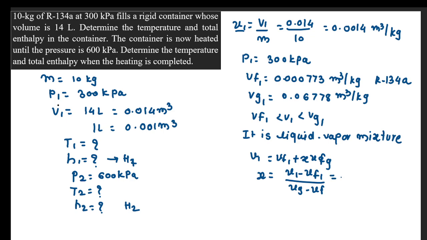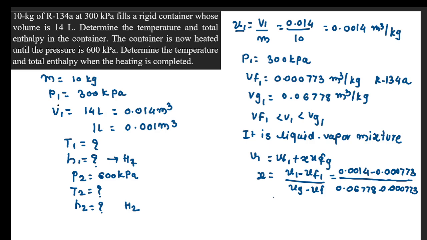V1 we already have as 0.0014 minus Vf1, 0.000773, divided by Vg, 0.06778 minus 0.000773.